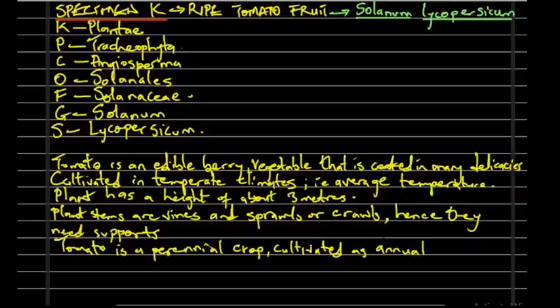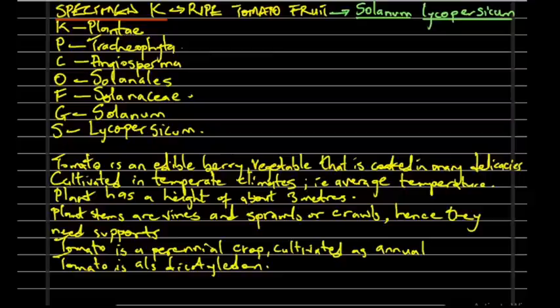Now, they are also dicots. Tomato is also a dicot, a dicotyledon. Like I said, they produce vines. So these vines are typically pubescent.